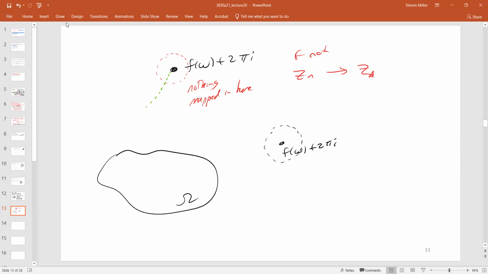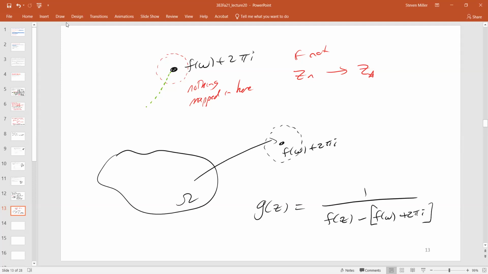And so we can then look at this new function, g of z is 1 over f of z minus f of w plus 2 pi i. Do I ever have to worry about this being 0? No. And you can show that this is now going to give you a bounded map. It's going to map us into a small region.